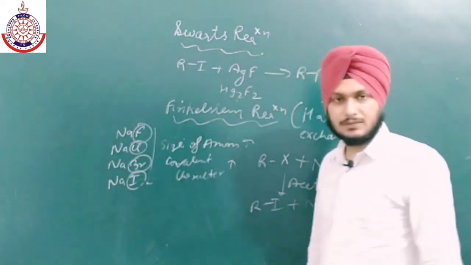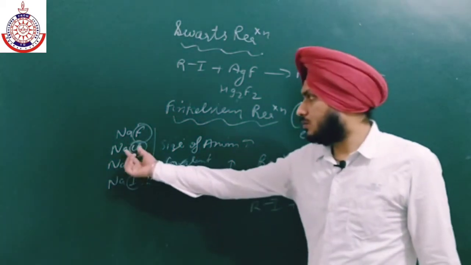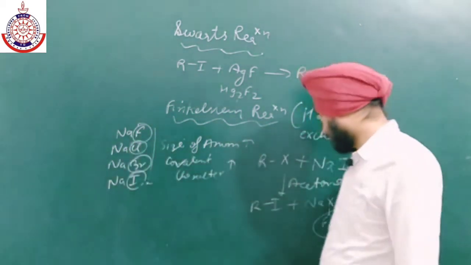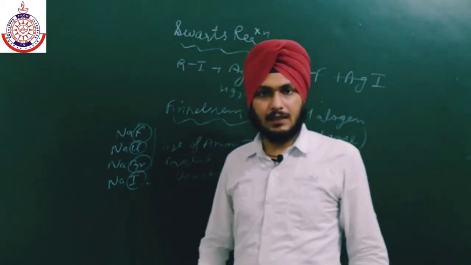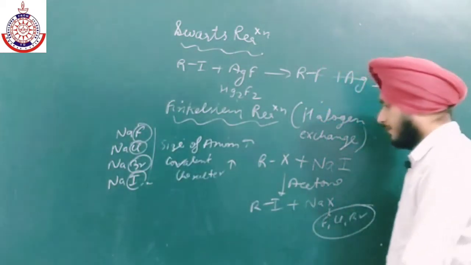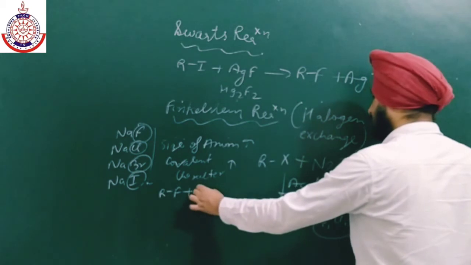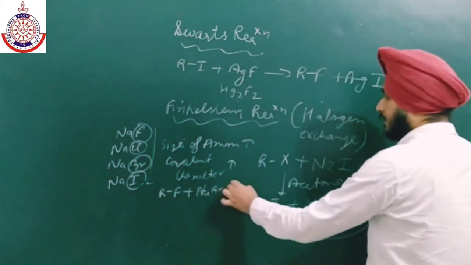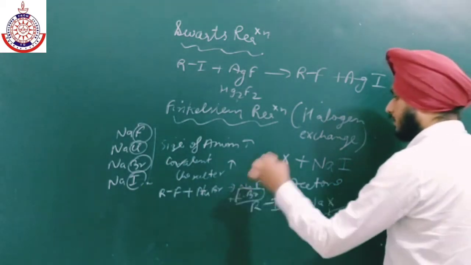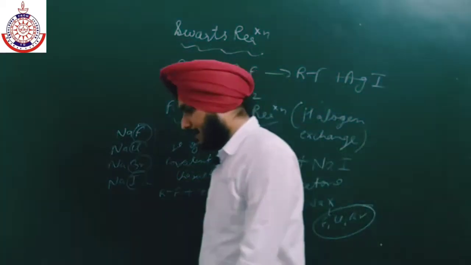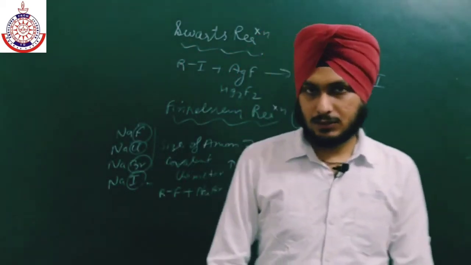So here also fluorine cannot be formed. NaF and NaCl are present as a precipitate. For example, if we have RF plus NaBr, NaF can be easily precipitated, and we will get RBr as the main product. So the exchange depends upon the solubility of the sodium halides in the solvent.